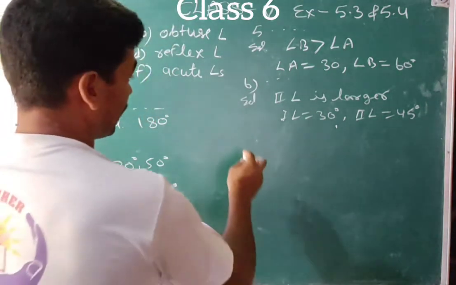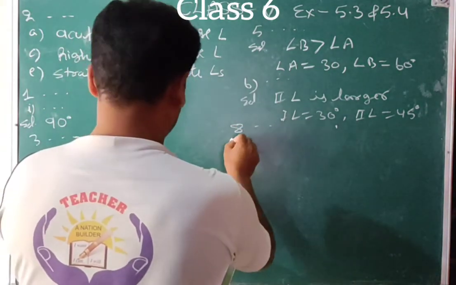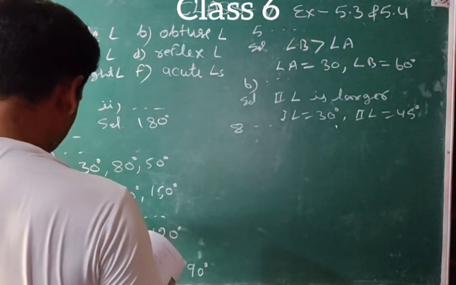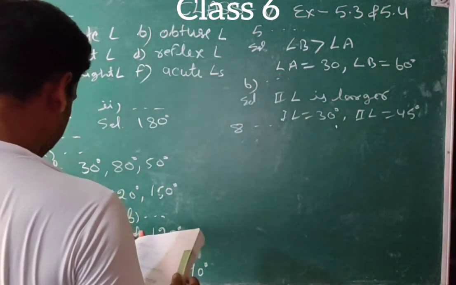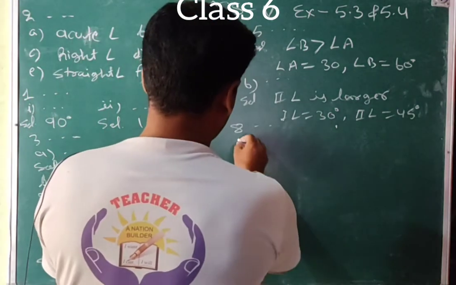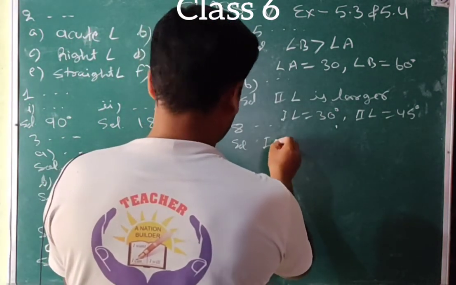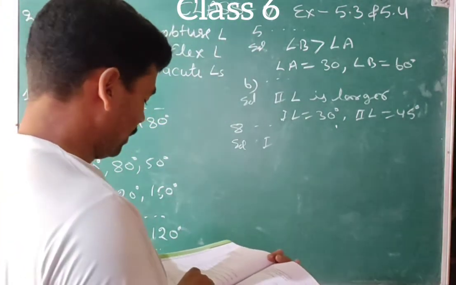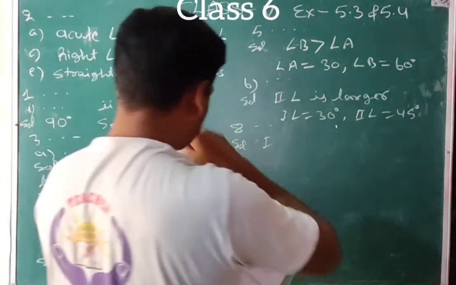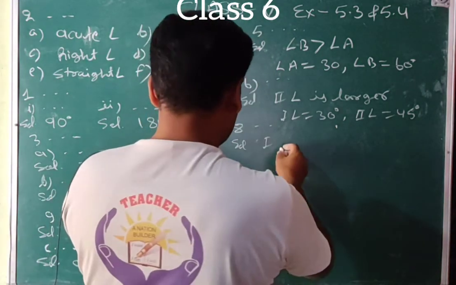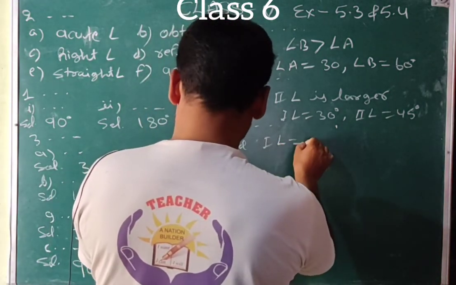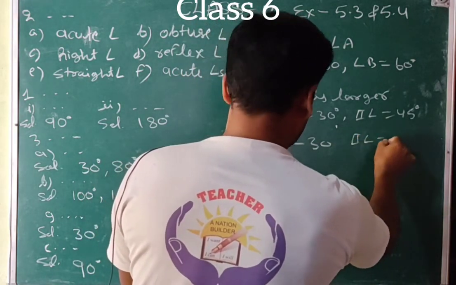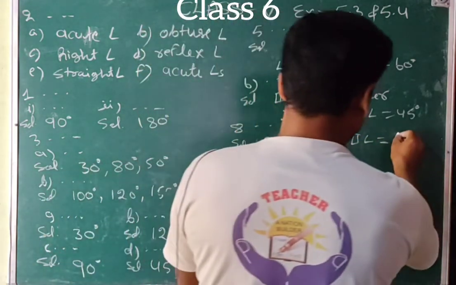Now question number 8. First find the measure of each angle. In each figure you will measure by protractor. So the first angle can be 30 degrees. Second angle can be 120 degrees.